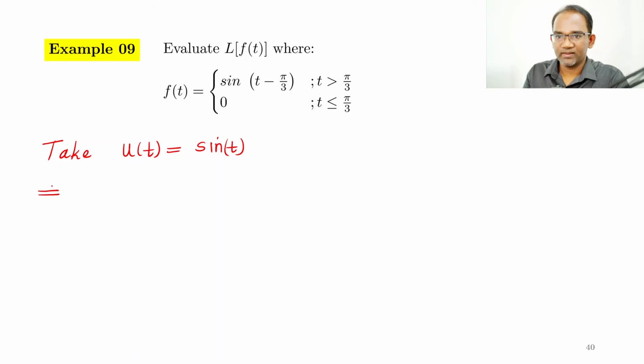So this implies f(t) is equal to u of (t minus pi by 3) for t greater than pi by 3 and is equal to 0 for t less than or equal to pi by 3.